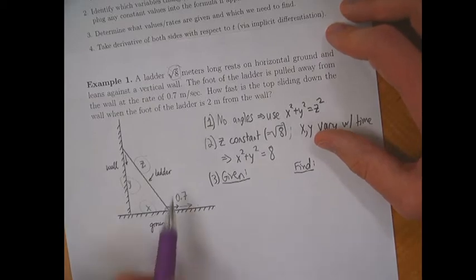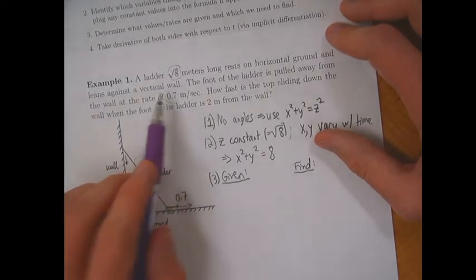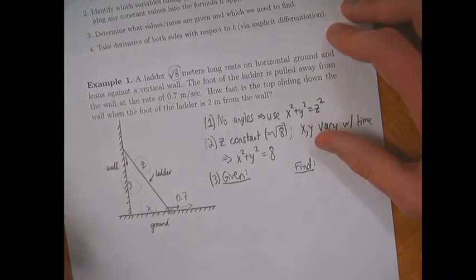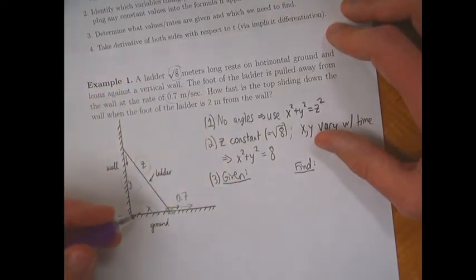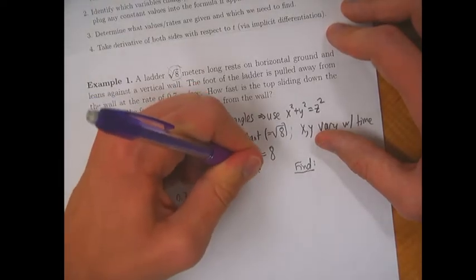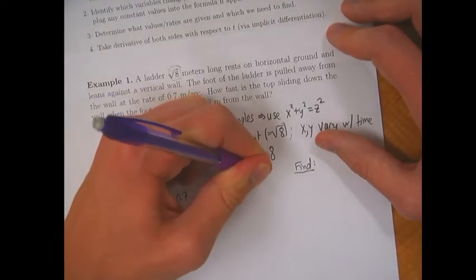So if that's the case, what would that 0.7 correspond to here? What quantity? dx dt? Exactly. Yeah, because in this case, the 0.7 is changing the x, so this will correspond to dx dt. So 0.7.